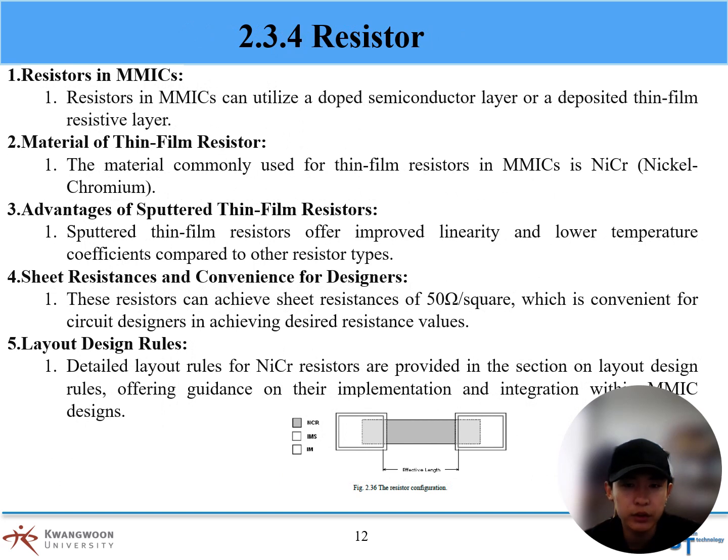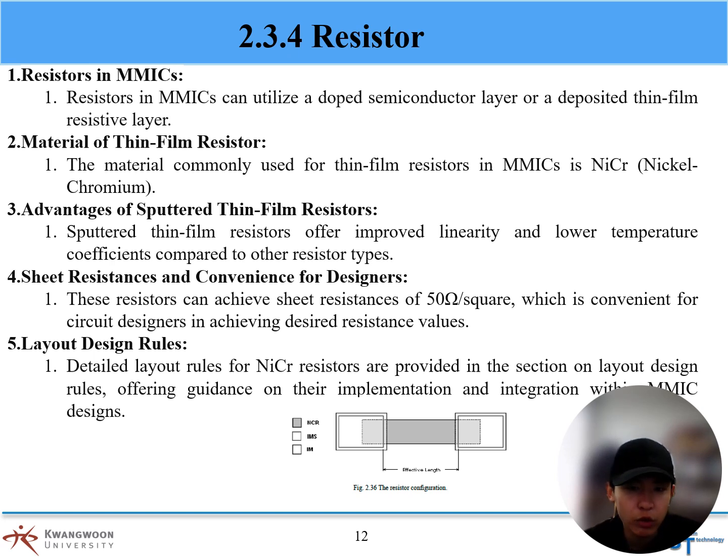This part is the resistor. Resistors in MMIC can utilize a doped semiconductor layer or a deposited thin film resistive layer. The material commonly used for thin film resistors in MMIC is nickel.